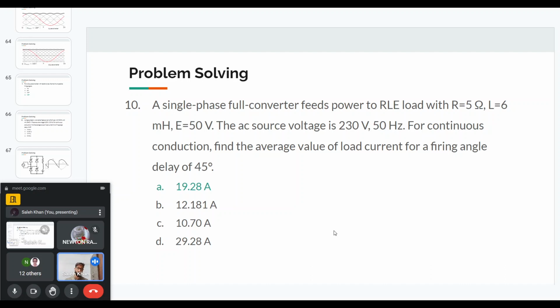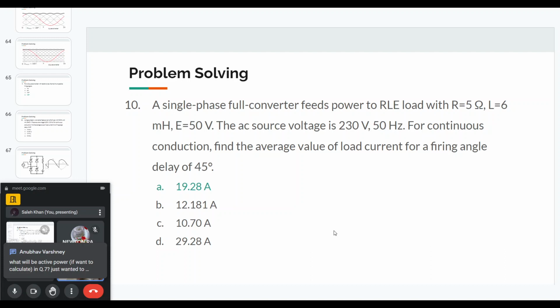The R will just be the resistance of the winding, or the resistance of the wire, or a current limiting resistor. The inductance will be the inductance of the winding, or the field winding in the case of a motor, or it can be just the inductance of a wire, which is very small but still has some value. So these are the cases where we have RLE loads. In practice, we will not have an RLC load.